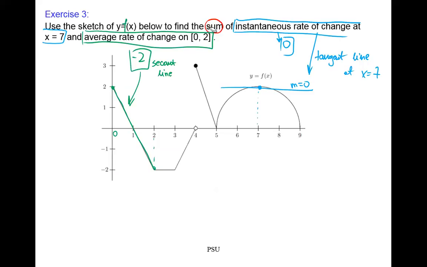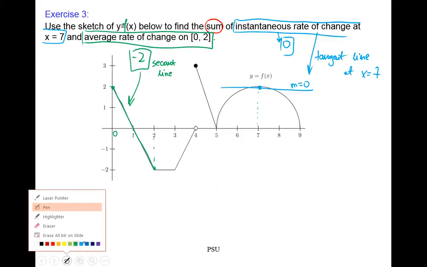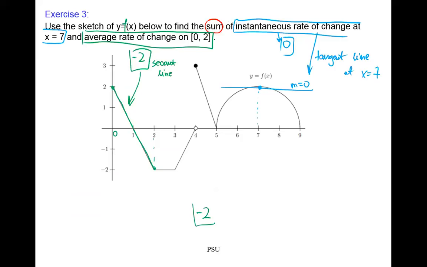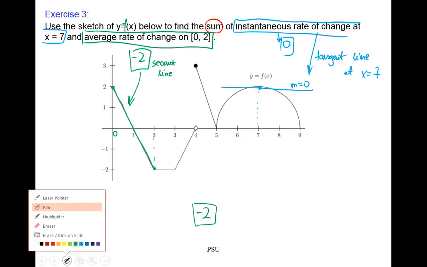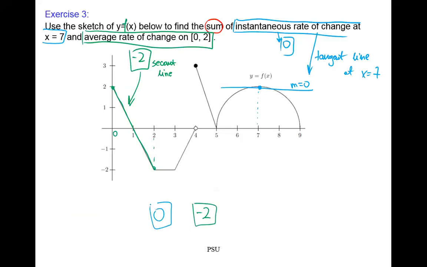That means the sum, because we would like to find the sum, 0 plus -2, of course, is -2. I can write the final answer for you. And they ask for the sum.